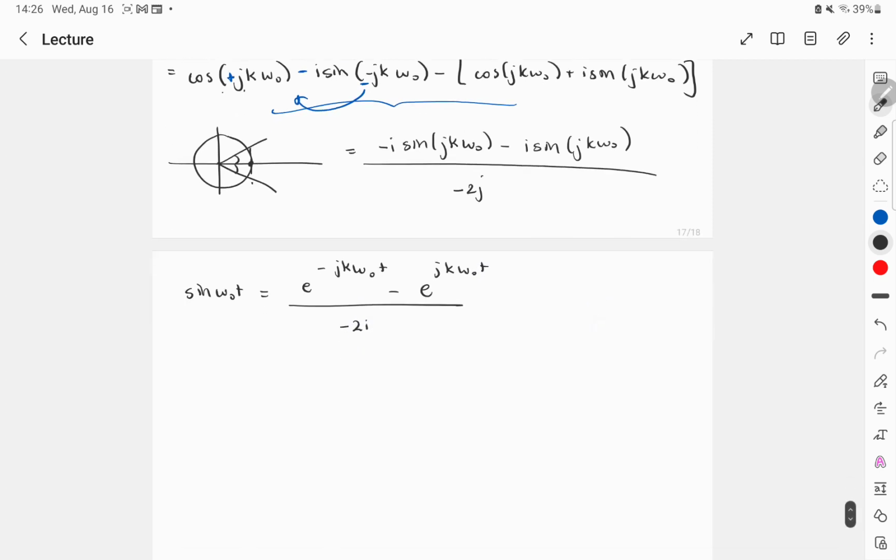So we need to find the coefficients, the coefficients of the Fourier series. And so a minus 1 equals minus 1 over 2j, because we can separate these two and it will give us this.